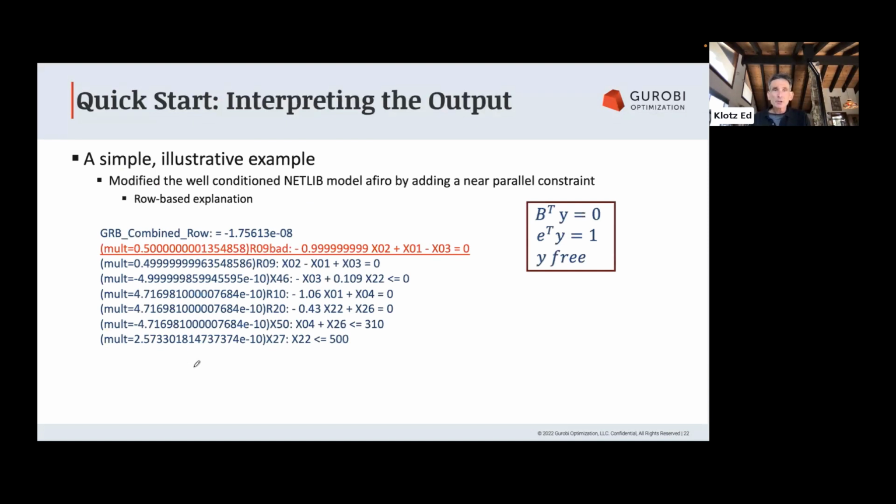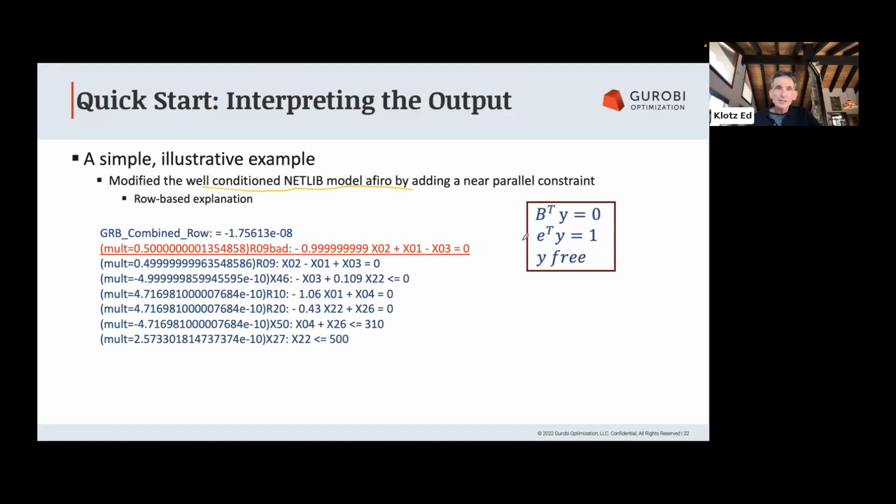So that's it. When you run this, what do you get back? For the row and column-based explanations, you get LP and MPS files of the explanation itself. So in terms of understanding what this is, let's start with a real, well-conditioned problem that's real small, that's publicly available, where I added a constraint to create the near parallel scenario that we've described before.